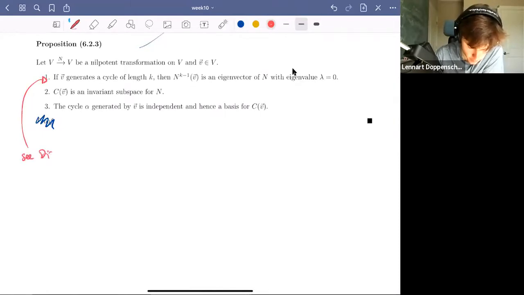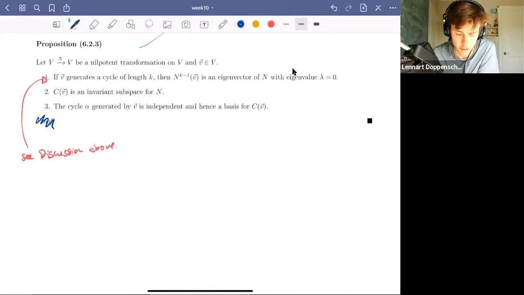See the discussion above. It says that if you have a cycle of length k, then the last element that is sent to 0 will necessarily be an eigenvector with eigenvalue 0. So that's nothing new.